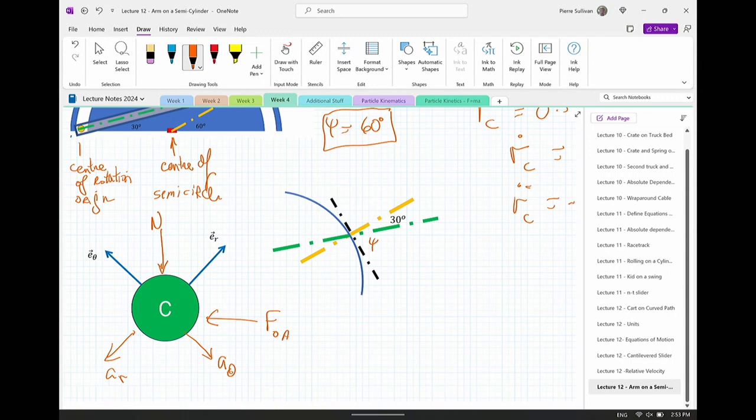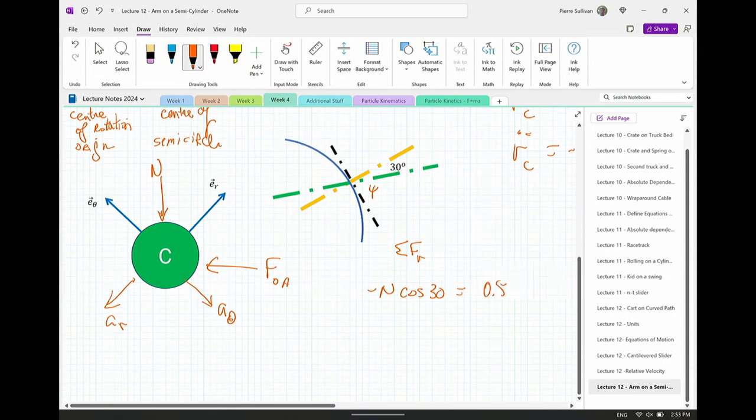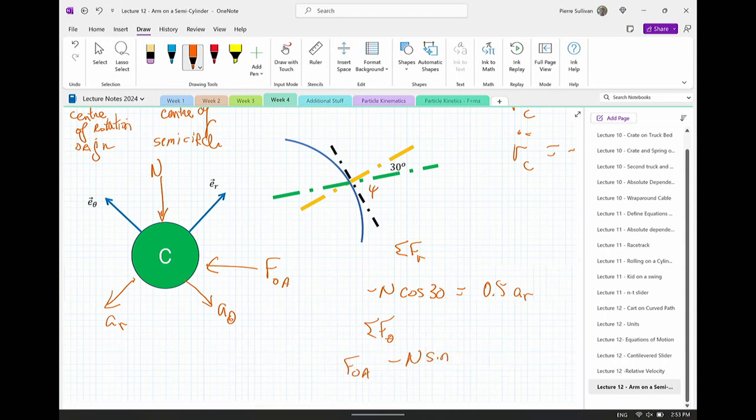You have acceleration, you have the directions, you have the tans, and you end up with sum of forces in r is N cos 30, which equals 0.5 A_r, force of theta, F_OA, minus N sine 30, which equals 0.5 A_theta.